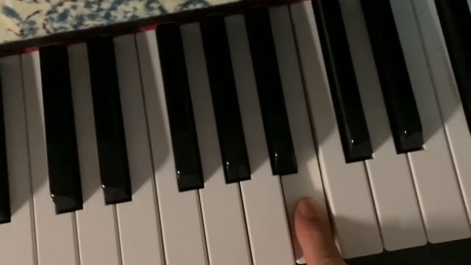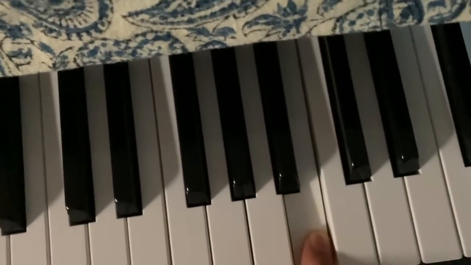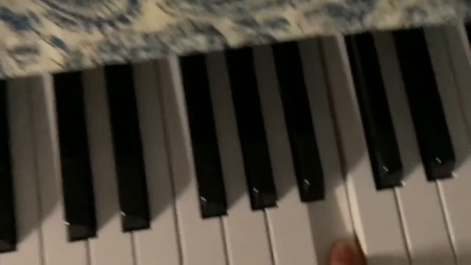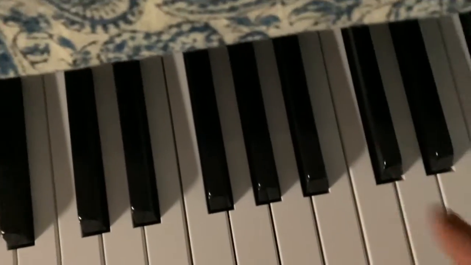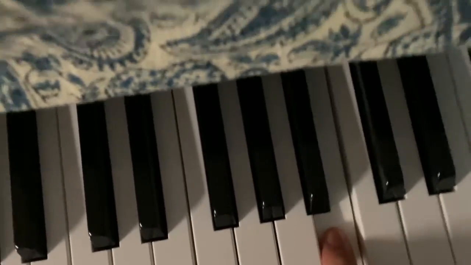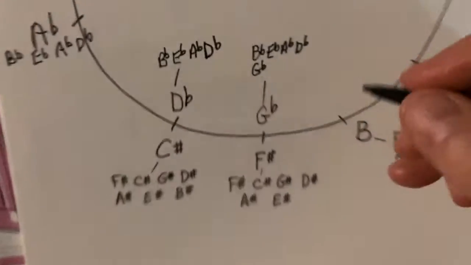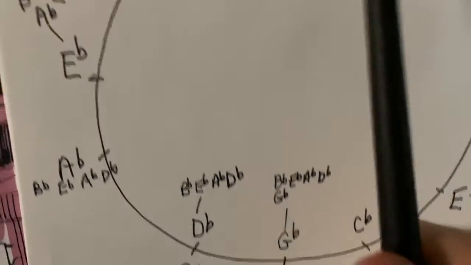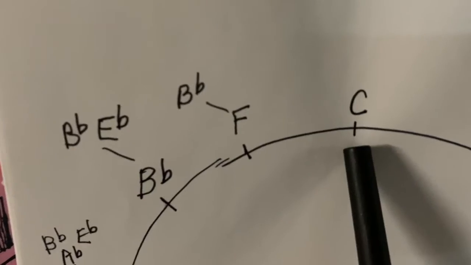What flat is this? It looks like a B, which happens to be there with all its sharps. But what flat is it? It's C flat. This is C, this is C flat. 7 flats, everything flat, which makes sense because C has no sharps or flats. If you flat the C, you flat everything.